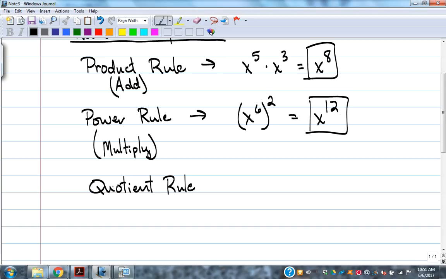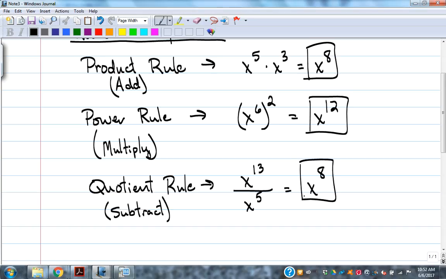So if in multiplication you add exponents, in division you would have to subtract exponents. So that would be something like where you have x to the 13th over maybe x to the 5th. And you subtract those two exponents, top minus the bottom. 13 minus 5 would be x to the 8th. You deal with them that way.